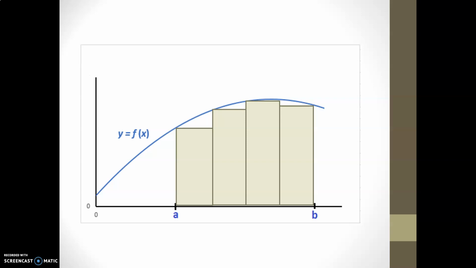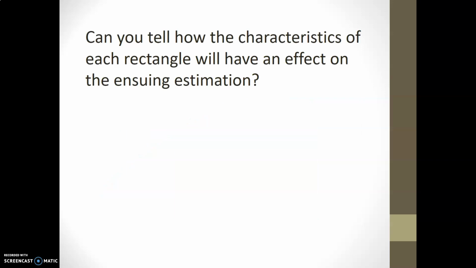So this is very basic, and of course you can tell that there will be approximation errors simply because in this example, all the rectangles, although they touch the curve at one of their extremities, are below the curve themselves and therefore underestimate the area that is there. So that was the basic idea.